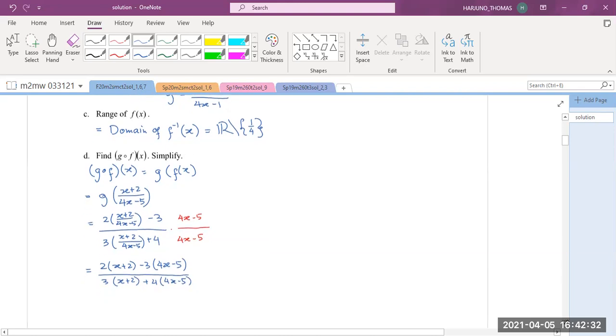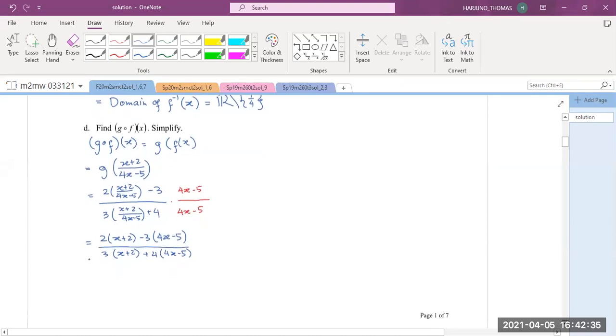Now from here we just simplify further, distribute, combine like terms. Okay, so this 2x plus 4 minus 12x plus 15 over 3x plus 6 plus 16x minus 20. That will be negative 10x plus 19 over 19x minus 14.